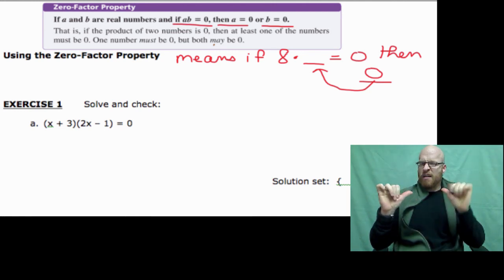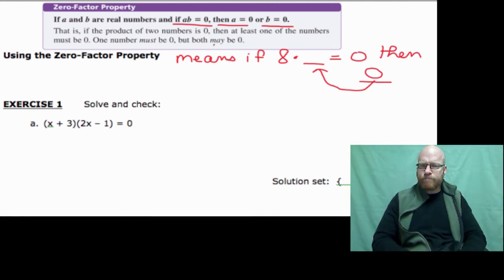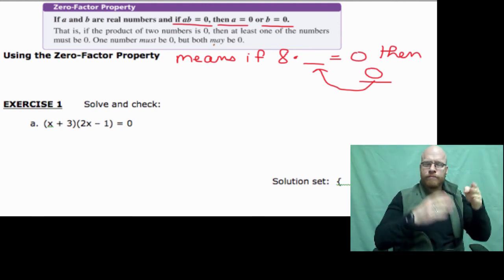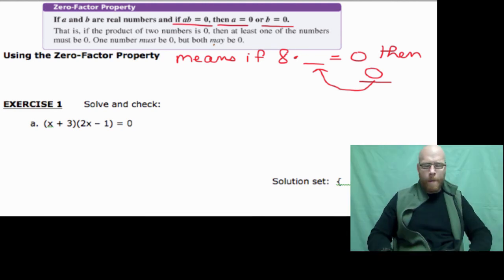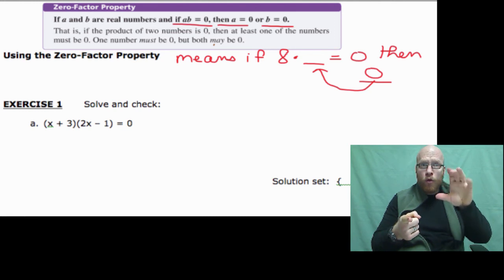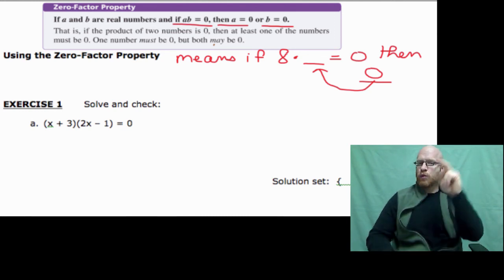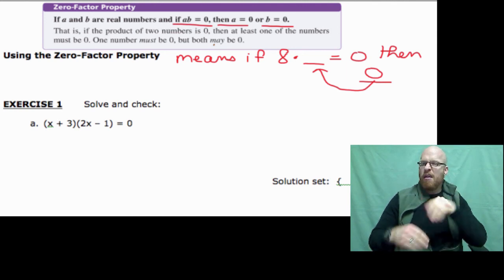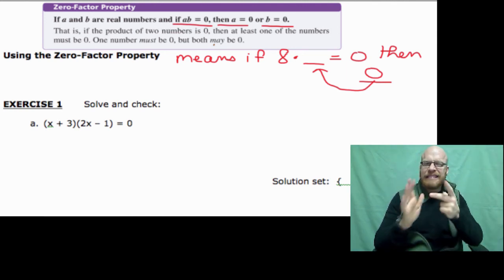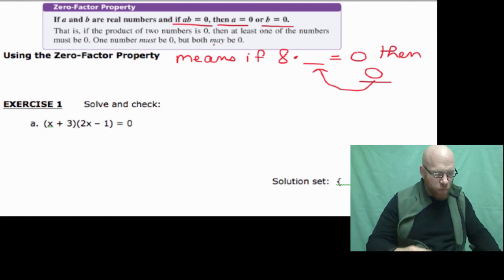Now, first exercise or problem here, we have parentheses x plus 3, parentheses 2x minus 1 equals 0. Yes, this is a quadratic equation. If you were to multiply it, you would see 2x squared, which qualifies it. But I decided to factor the first problem for you, and then we'll work on solving it.